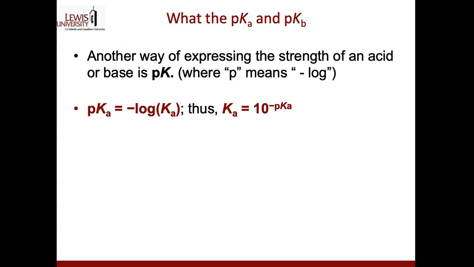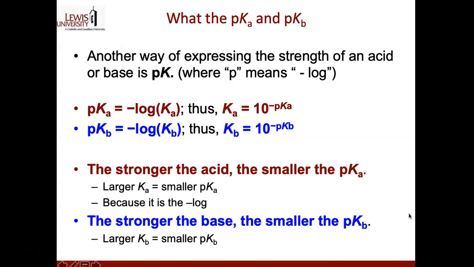As we talked about earlier, that lowercase p just means negative log. So a lot of times when we're dealing with Ka values, you saw for those weak acids you'd get values on the order of 10 to the minus fourth. To make it a more manageable number, we like to look at pKa, right? We could also look at pKb, by the way. A really low pKa and a really low pKb tell you that you have a really strong acid or base. So the strength of this interaction is determined by the K values here, right?